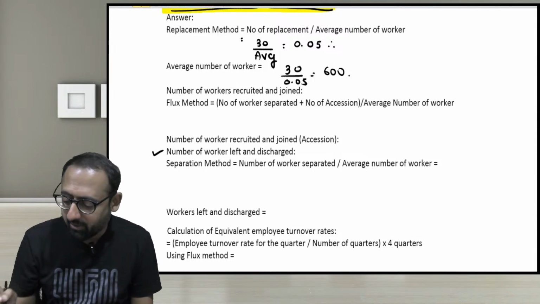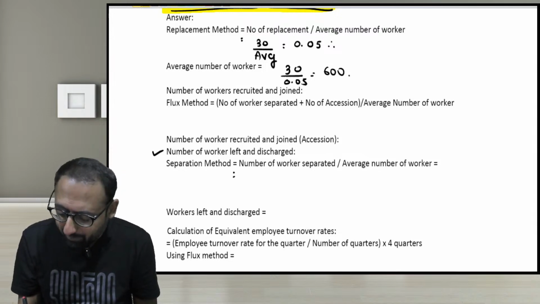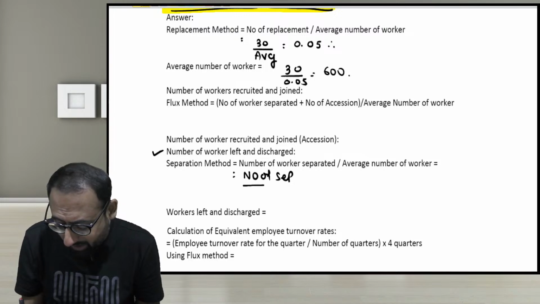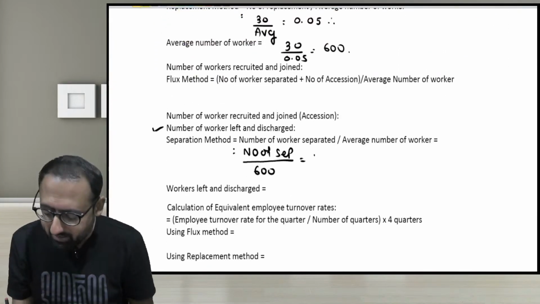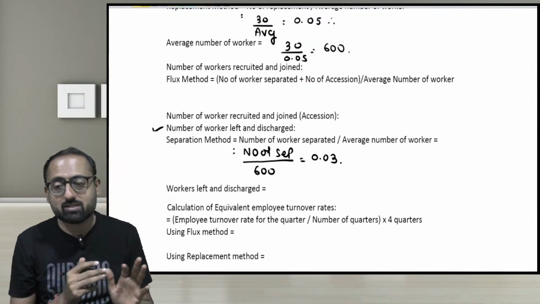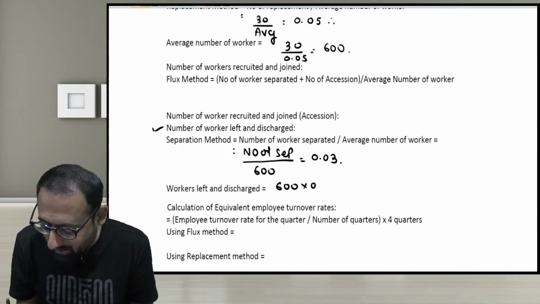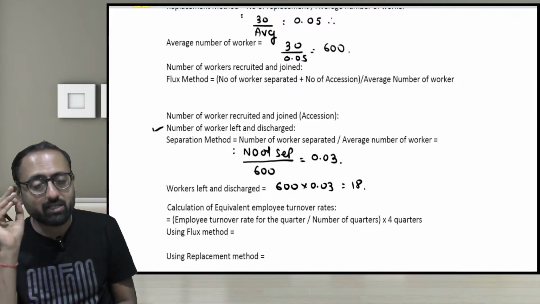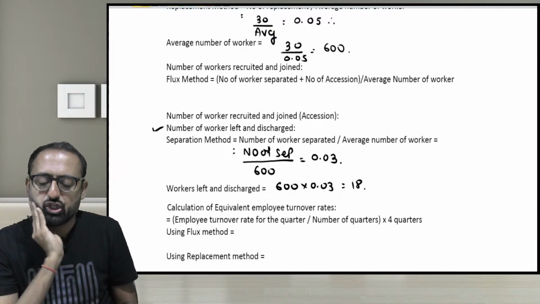We don't know the number of workers separated, but we have already calculated the average number of workers, which is 600, and by separation method the percentage is given as 0.03. So number of workers separated, left, or discharged is equal to 600 multiplied by 0.03. Is it 18 workers? Is it correct, guys? Yes or no? Online students reply. Yes, 18 workers are left and discharged.